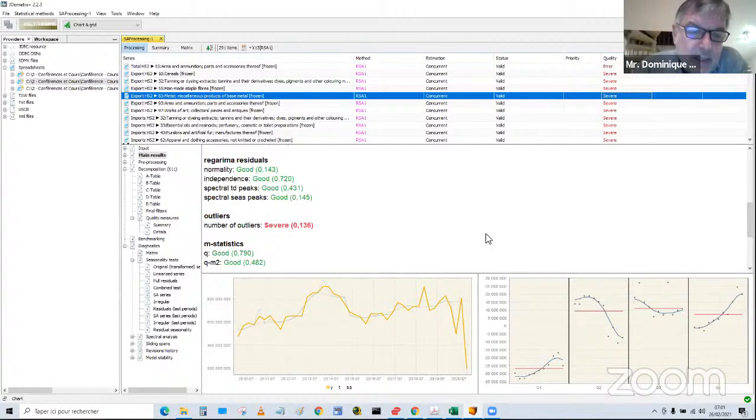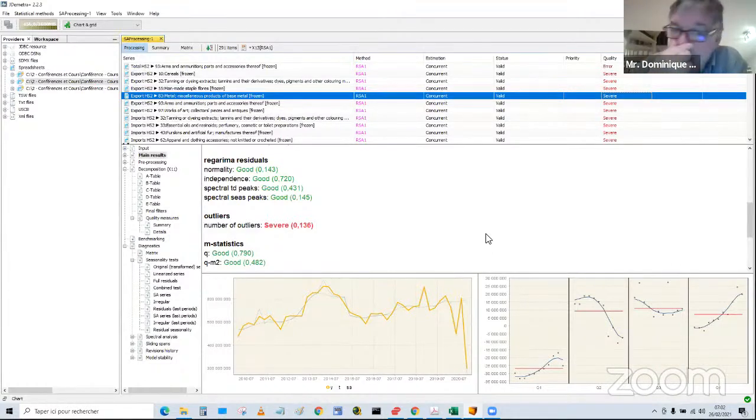Check that, okay? Perhaps it's a problem of data. The other reason might be the ARIMA model, because in the RSA1 specification, I'm saying the ARIMA model is this one, and perhaps it's not completely the best one.